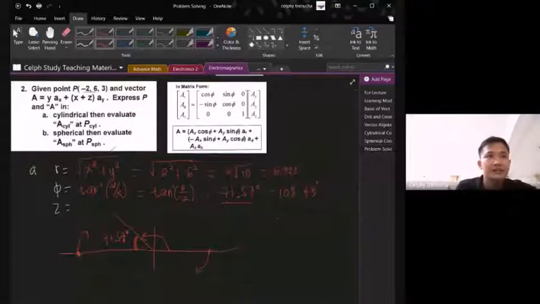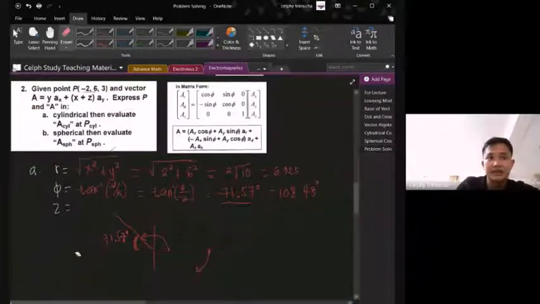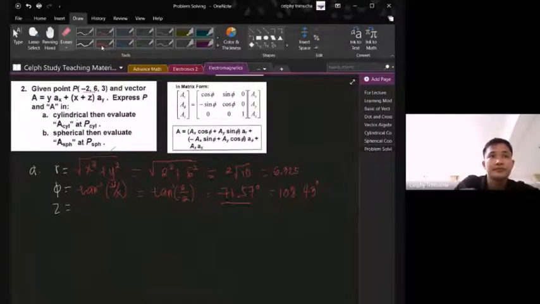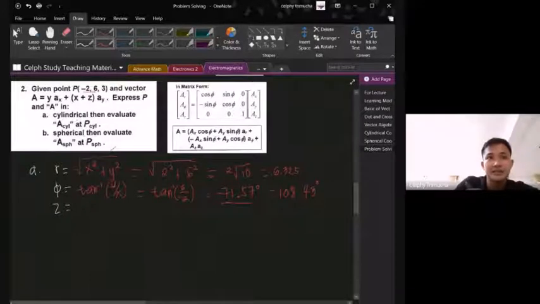And then, ang aton nga z, indi naman mag-change ang value sang z, given naman daan. So, ang aton nga z is same lang, this will be equal to 3. So, nakuha na ang r, ang angle kag ang z.